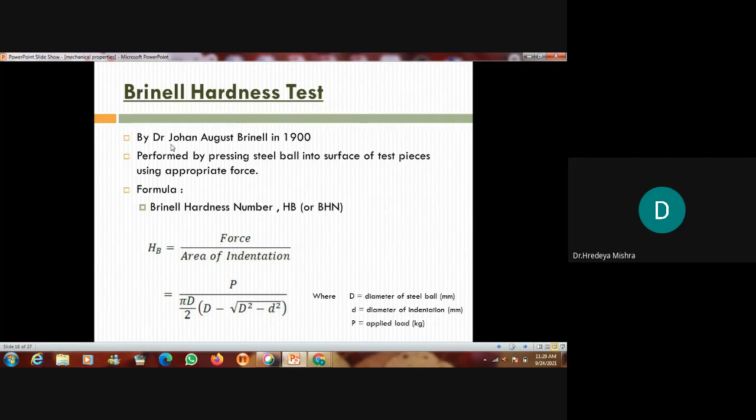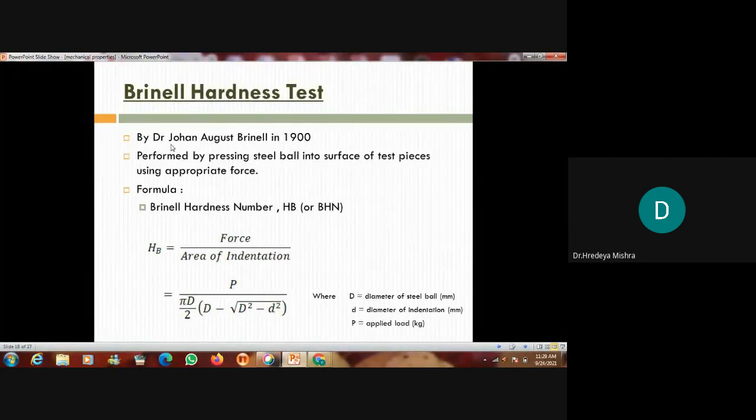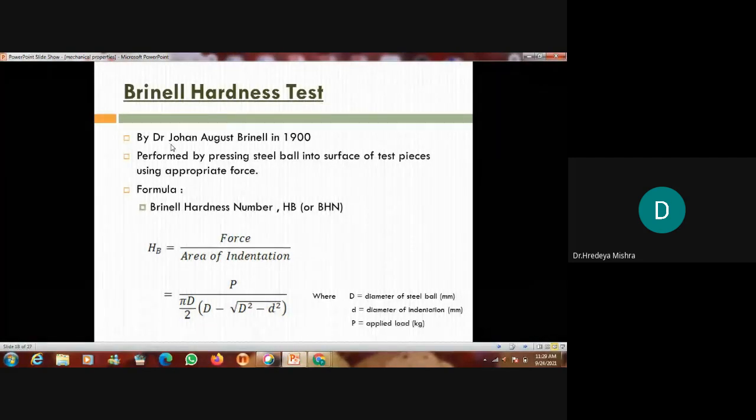How did he conduct the test? He selected a steel ball and applied the force with the steel ball against the test piece surface, and he conducted the hardness test. Now what is the formula for that? The formula gives the Brinell hardness number. We get a number here, HB or BHN.